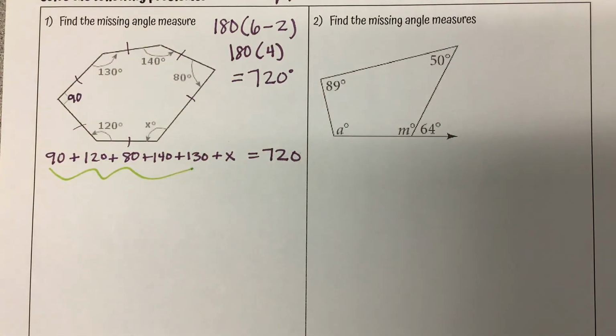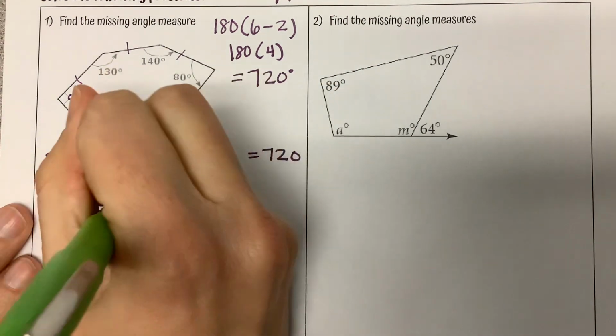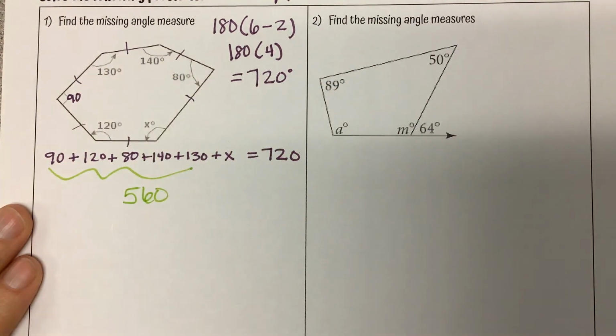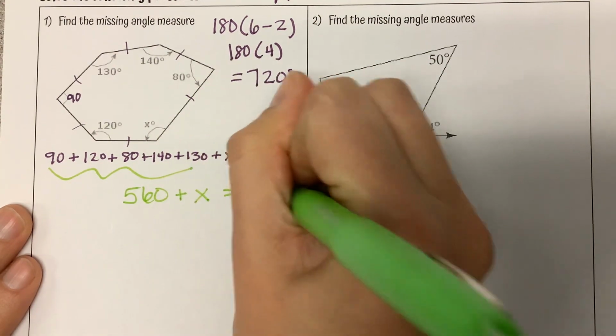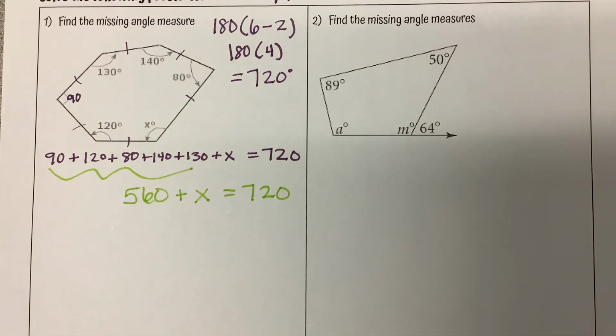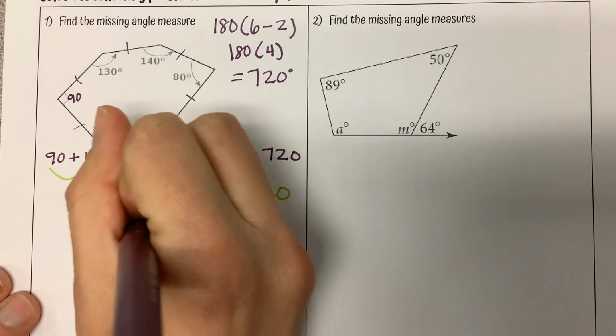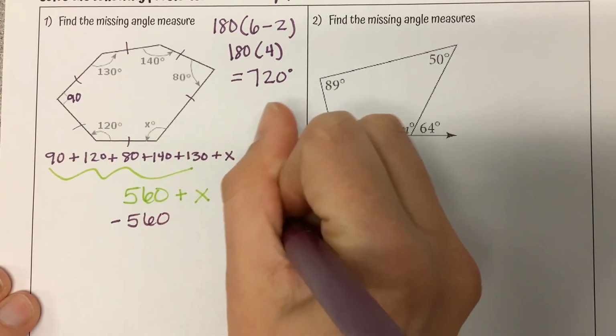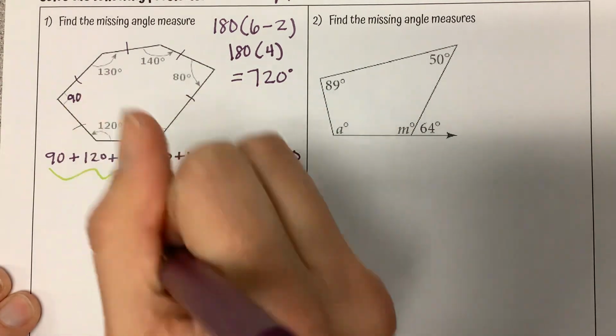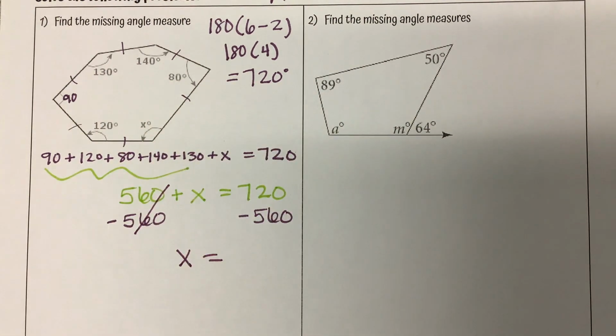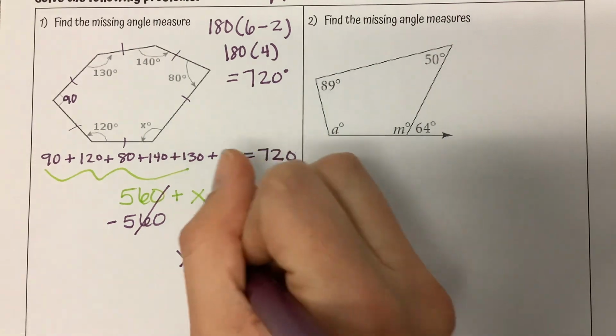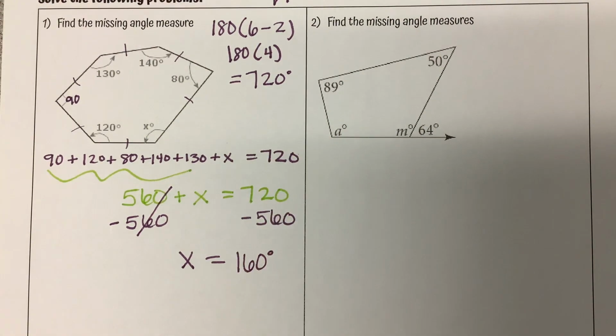I'm going to add 90 plus 120 plus 80 plus 140 plus 130, and we get 560 plus our unknown angle x should equal 720. Now we have a basic equation to solve by subtracting 560 from the total of 720, and we get that x is equal to 160 degrees.